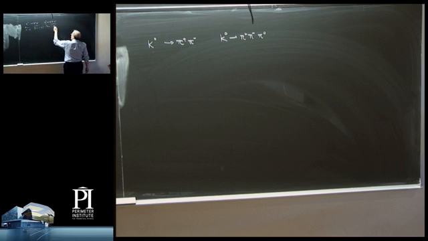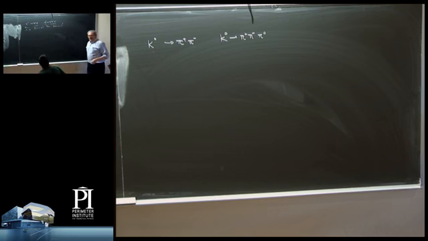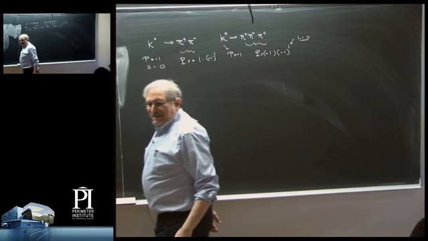These have intrinsic parity -1 times (-1)^L, but you guys did the first problem set. You can look at the Dalitz plot and realize that L is equal to 0 when you study the Dalitz plot. So there's some kind of contradiction here.